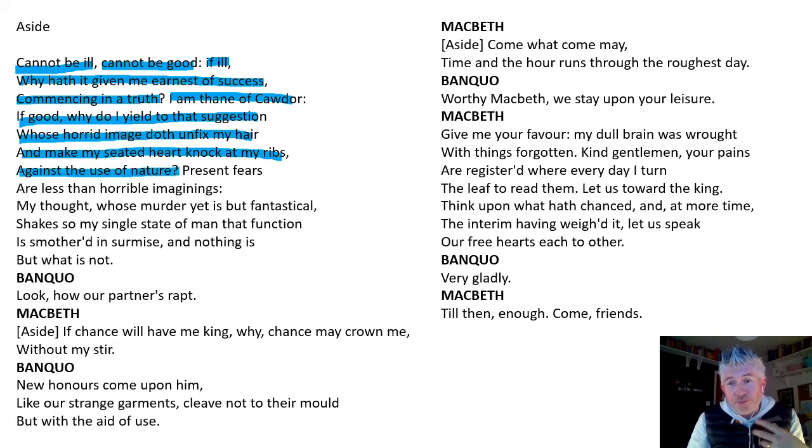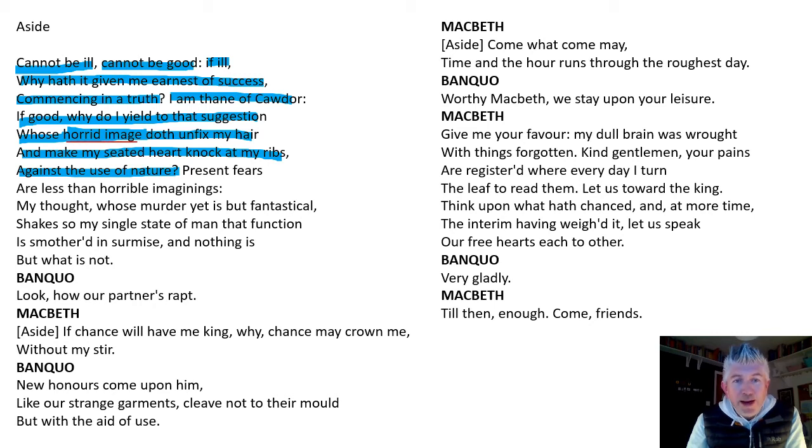So here's another kind of reference a little bit to the great chain of being. He's scared, he's kind of freaking out a little bit at the idea of becoming king, because it goes against everything that he's been brought up to believe. He calls it a horrid image. The idea of him becoming king is a horrid image.